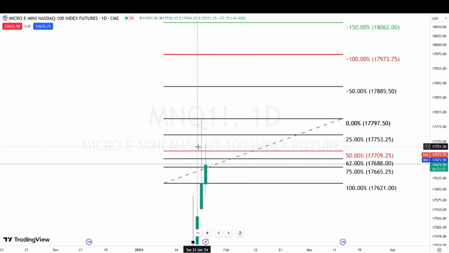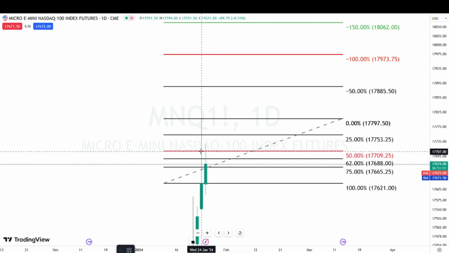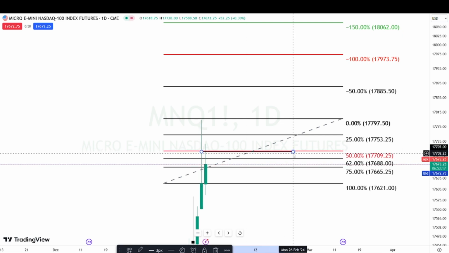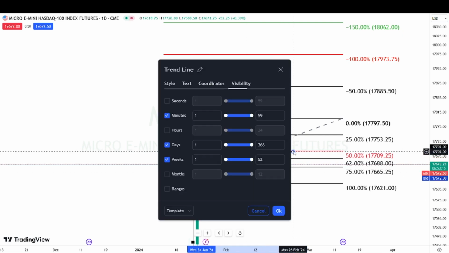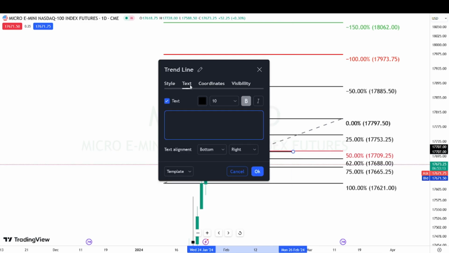So you can see now, let me just outline this. Then we call this a daily consequent encroachment.